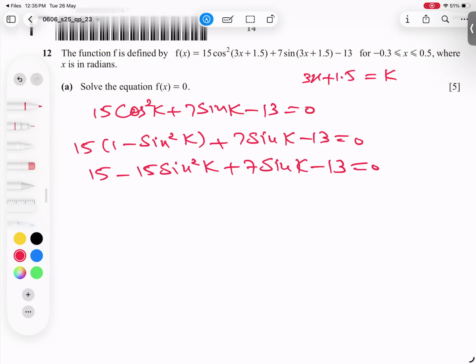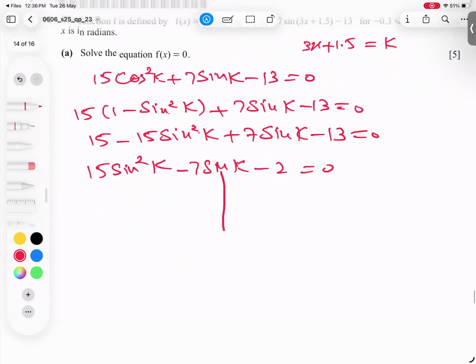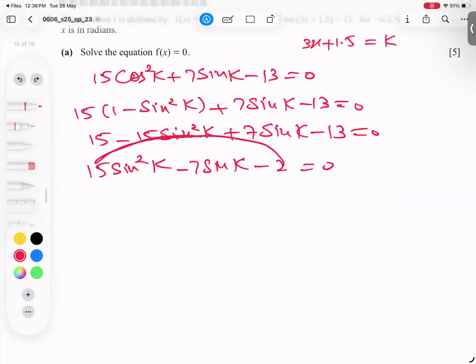Reorder. First of all, multiply the whole equation by minus 1, so this becomes positive, this becomes negative, and positive 2 becomes negative 2. And now I can do it: 7, 15 to the 30, and 10, 3 to the 30.